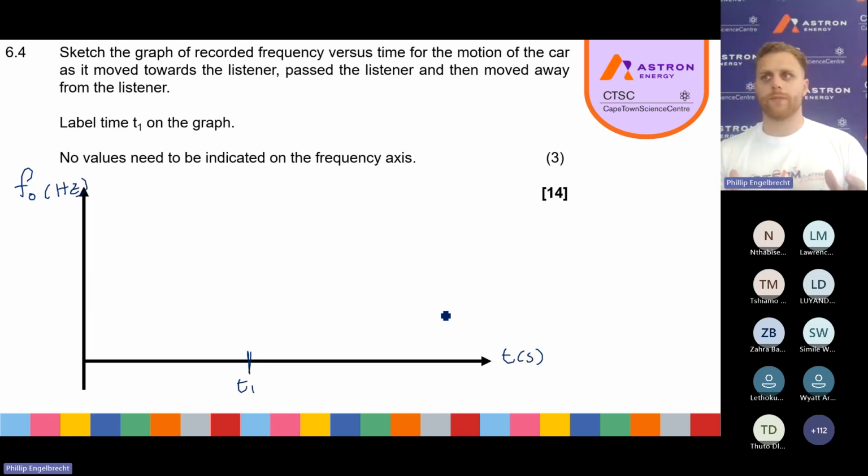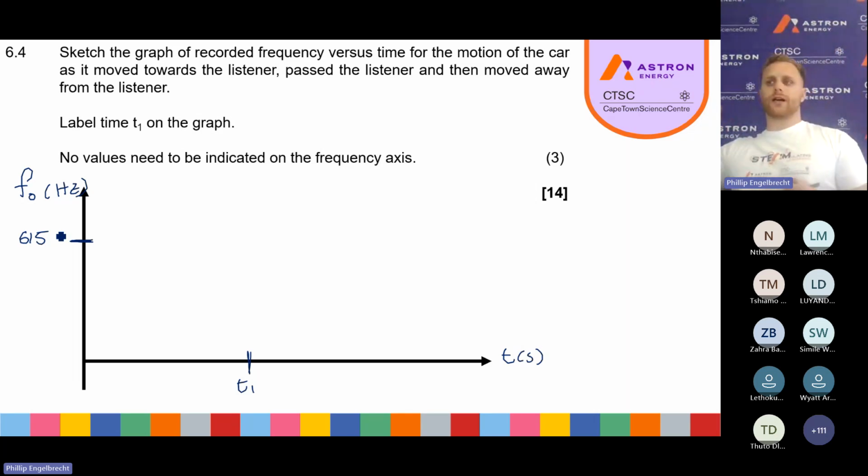Now, what happened? Remember, the car approached my listener. We had a certain frequency. The car passed us, and we got a different frequency. I know the question says you don't have to, but I'm just going to indicate it anyway. We had an original frequency of 615 hertz when the car was coming towards us.